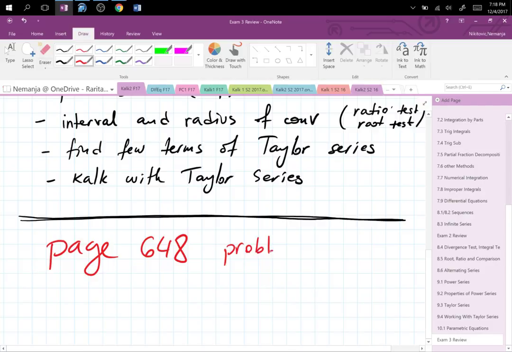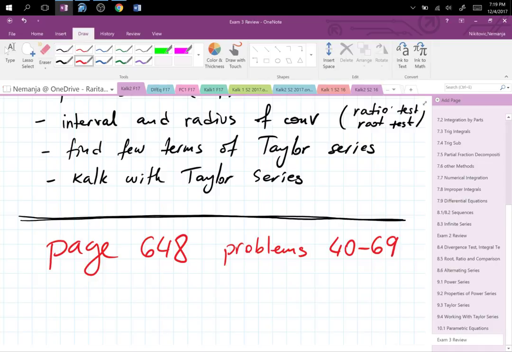Problems 40 through 69. It says, choose your test. Some problems will say, use the integral test to check for convergence, and then power series, or use the root test or ratio test. Some problems will just say, check for convergence. Check for convergence means you need to know which test to use by looking at the problem.